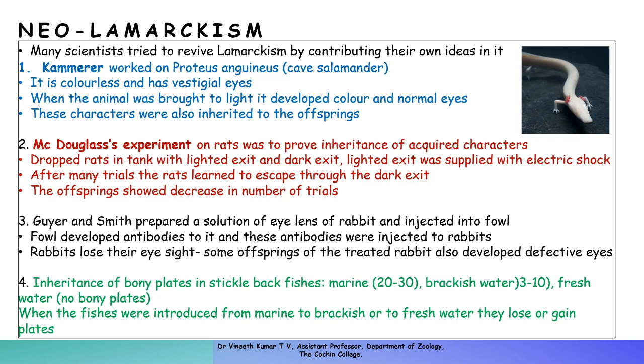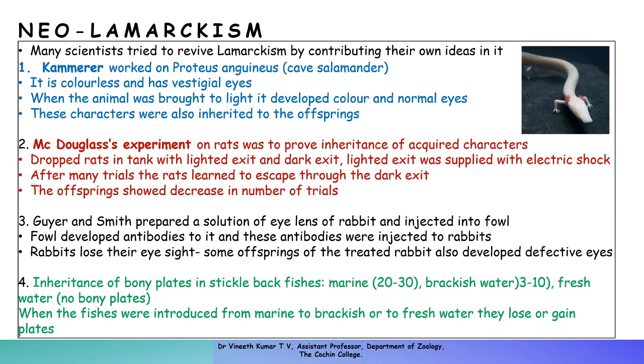They found that the rabbits lost their eyesight, and some of the offspring of the treated rabbits, meaning those rabbits treated with the antibody, also developed defective eyes. Since rabbits have many offspring, some of them lost eyesight.